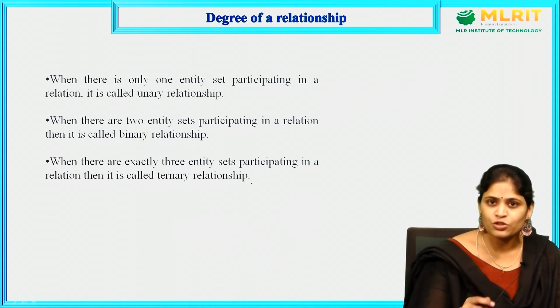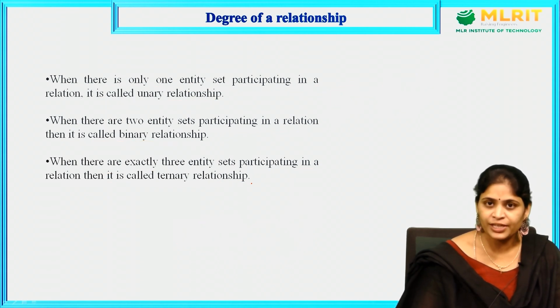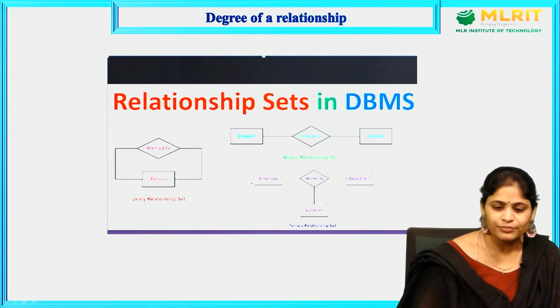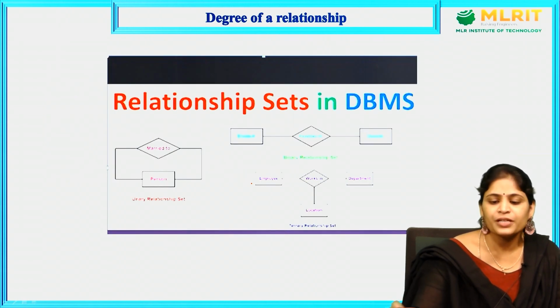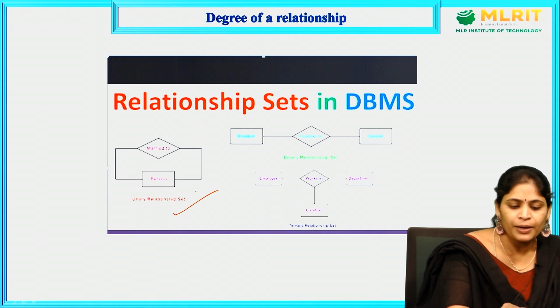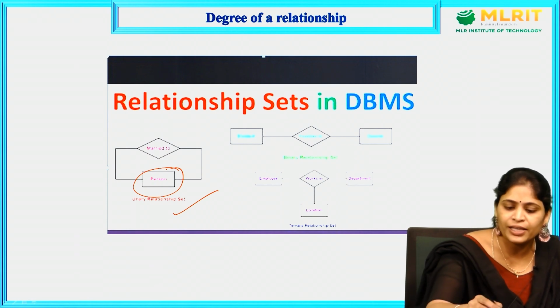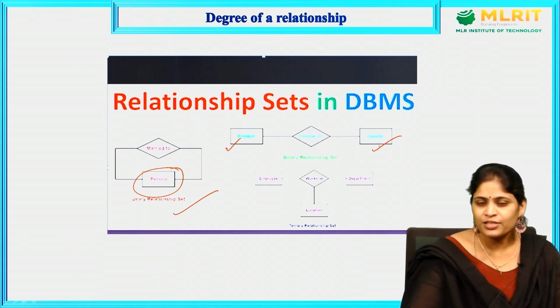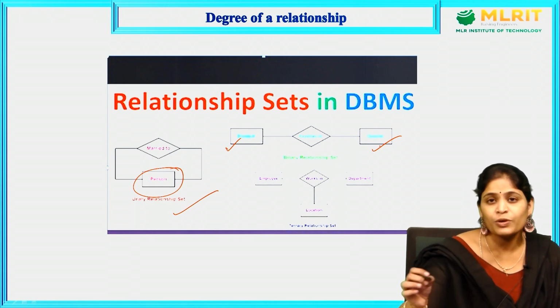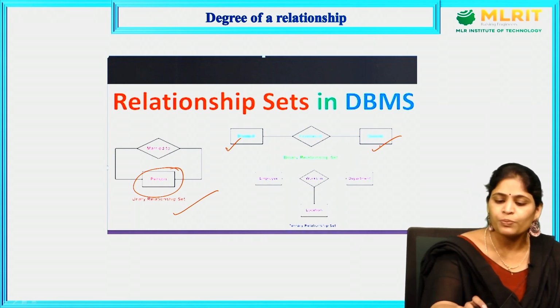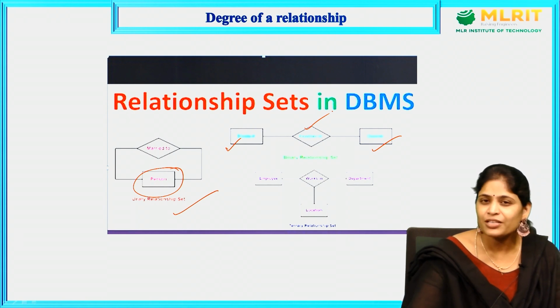Let us see this with a diagrammatic representation. Here, relationships in DBMS: in a unary relationship, a person is married to a person, so we have only one entity. What is binary? Here we have two entities: student enrolled in courses. Student is one entity set, course is one entity set, and these two participate in a relationship, which is called binary.